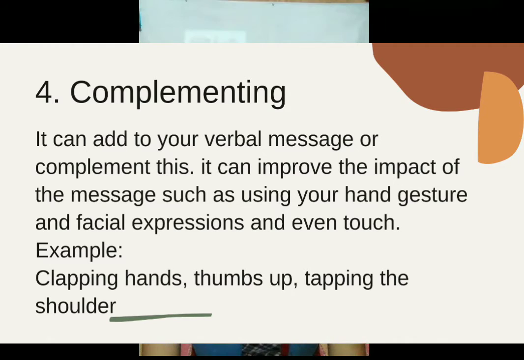Another example is using your facial expression, which frequently conveys a meaning far more vivid than words can ever have. The fourth one is complementing. It can add to your verbal message or complement it. It can improve the impact of the message, such as using your hand gestures, facial expressions, and even touch.